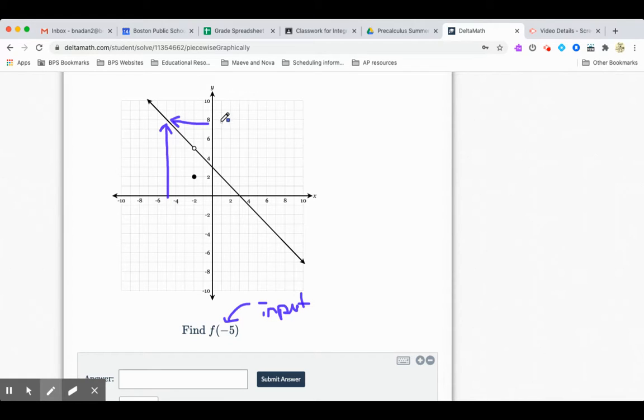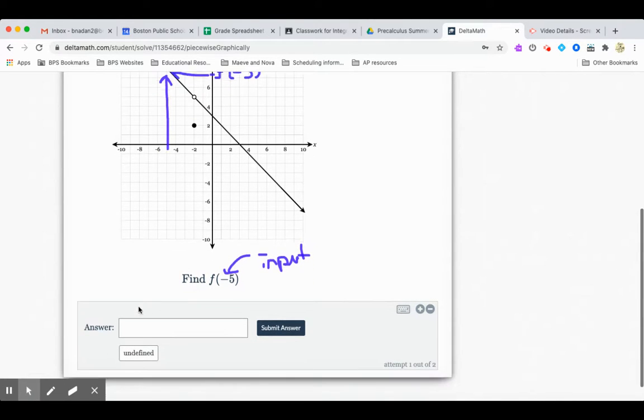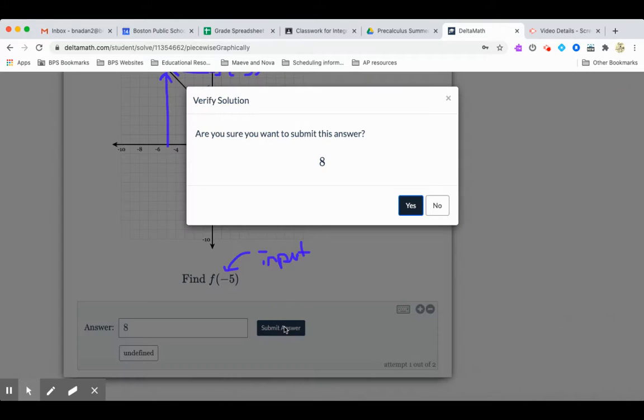And so your output is 8. We would consider this output to be equal to f of -5. Really, it's just the value of the function at -5. So that would be 8. Submit answer.